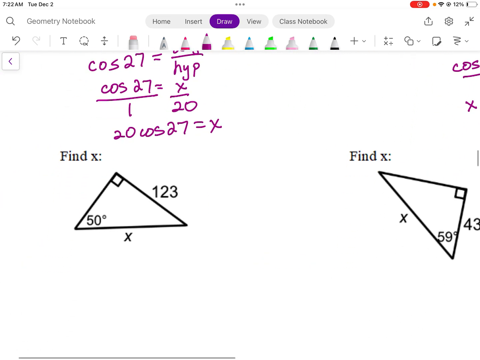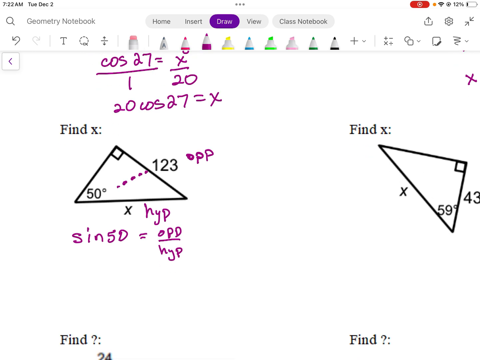Okay, this one, pictures are twisted just to make sure that you're paying attention. X is our hypotenuse. 123 is opposite. So here's one of those that's kind of a trick question. I can say that the sine of 50 is opposite over hypotenuse, so I have to make sure I'm paying attention. Or I could have found this angle and used cosine, but whatever.